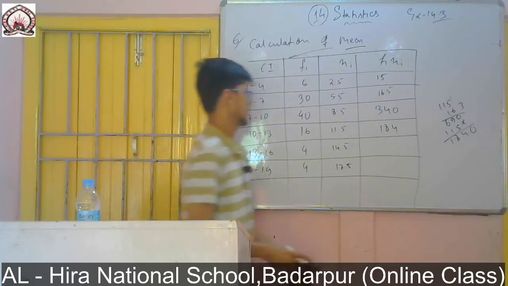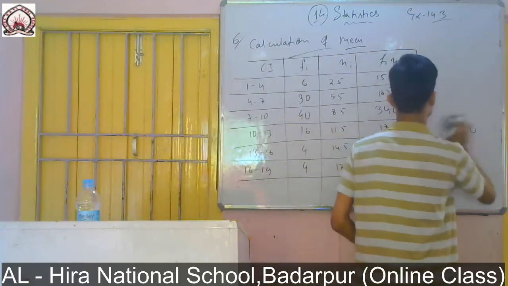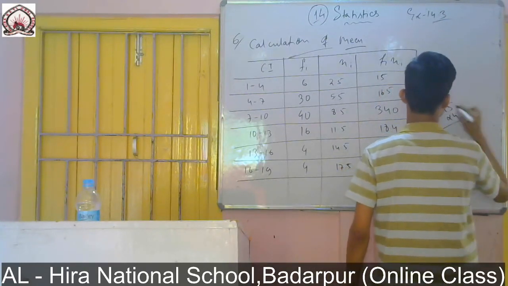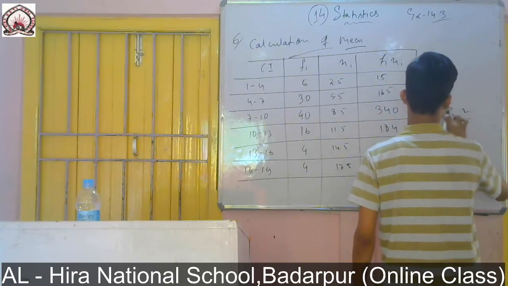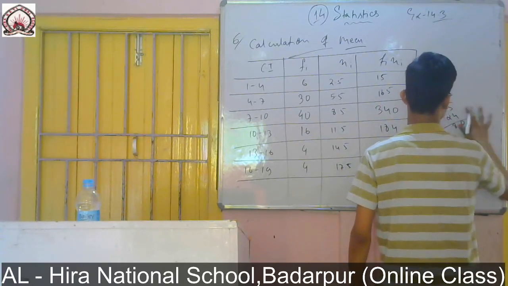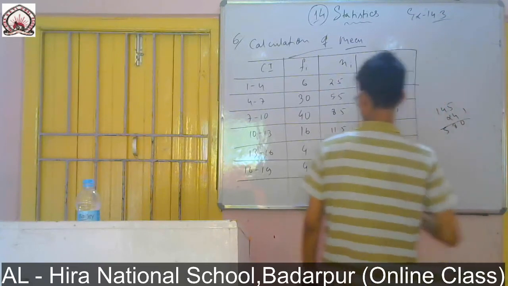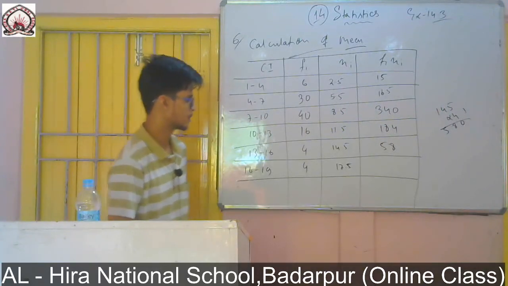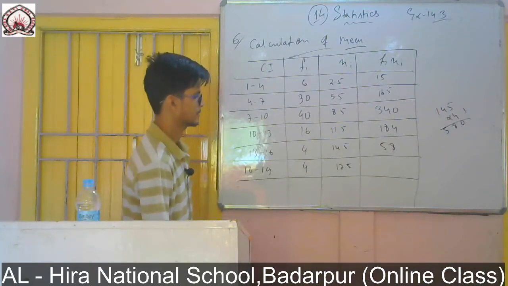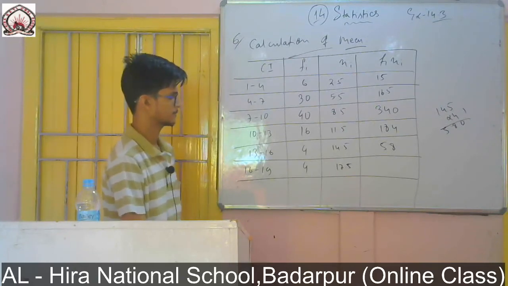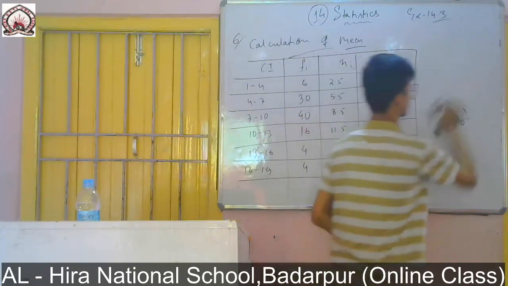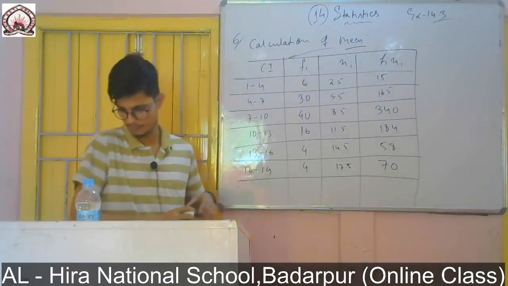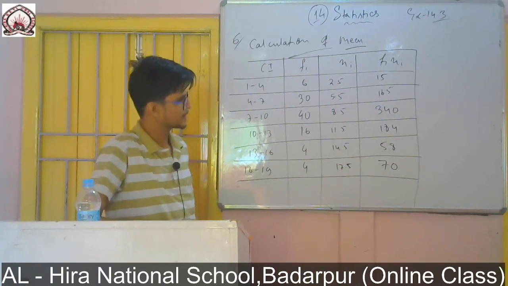The next one, 14.5 into 4: 145 into 4 is 580, so it is 58. And the last one, 17.5 into 4 is 70. So we have got the values 15, 165, 340, 184, 58 and 70.